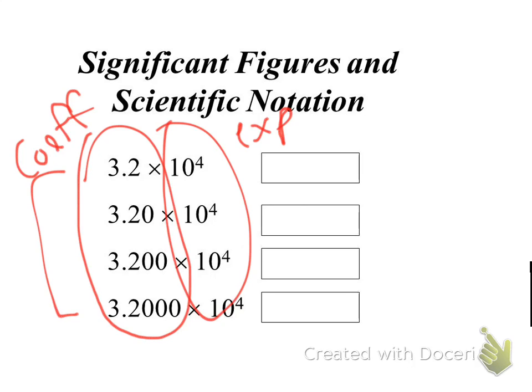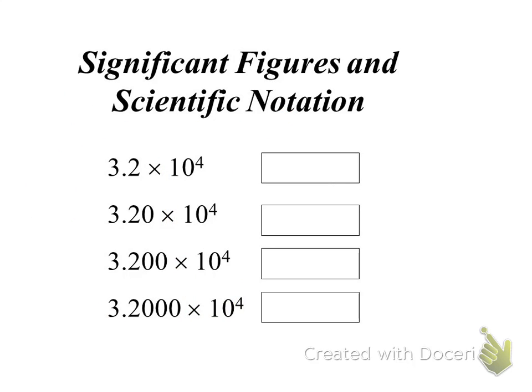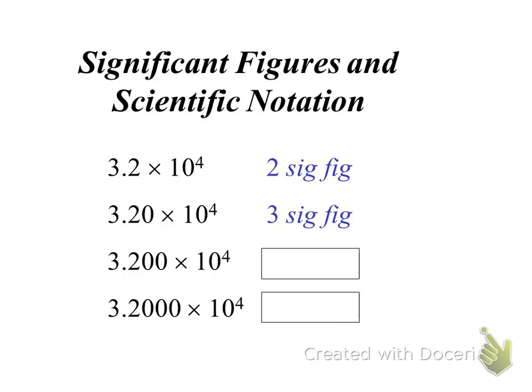So if that's the case, can you see where this first one, how many sig figs? Hold up your hands in the first number. I'm liking it. Yep, I saw 2. Sig figs in the second one, 3. How about sig figs in this one?